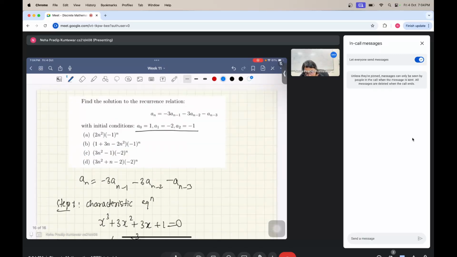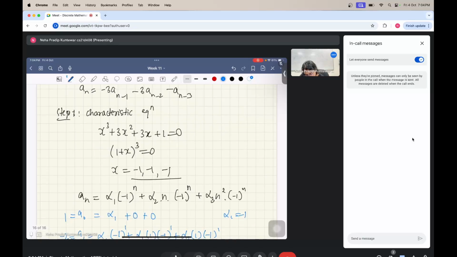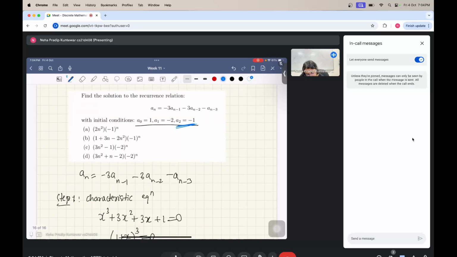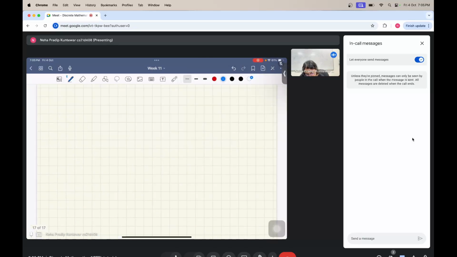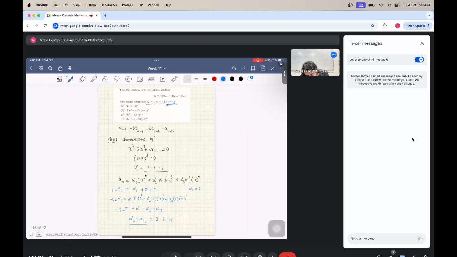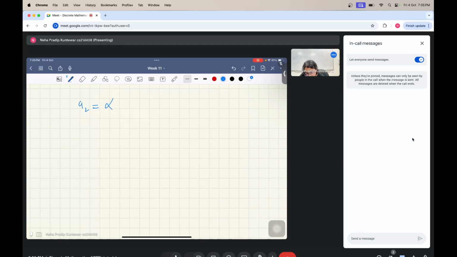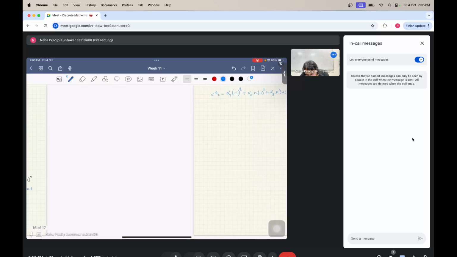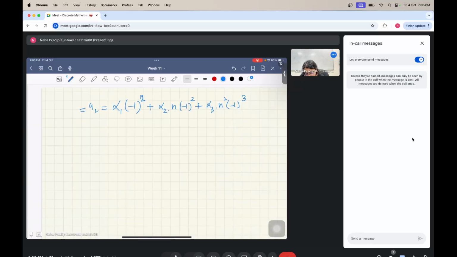And now we'll use the third initial condition. So a2 would be alpha 1 times minus 1 to the n plus alpha 2 times n times minus 1 to the n plus alpha 3 times n square times minus 1 to the n, and a2 is minus 1.